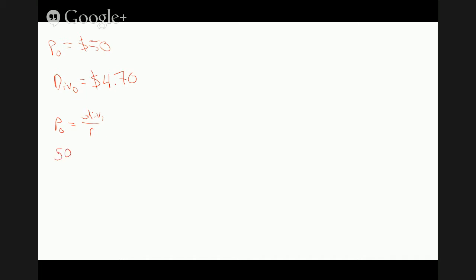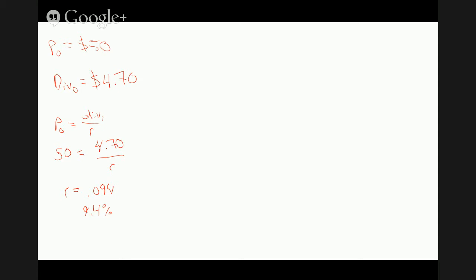So $50 equals 4.70 over R. R equals 0.094 or 9.4%. This is an important piece of information for moving forward with the problem. You need to know R in order to do a perpetuity calculation where we subtract G from R.